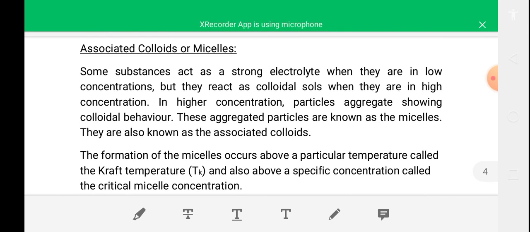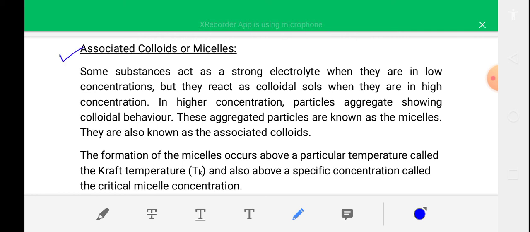The third type of colloid is associated colloid or micelles. Some substances act as strong electrolytes when in low concentration, but behave as colloidal sols when in high concentration.